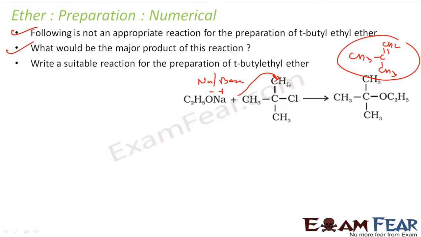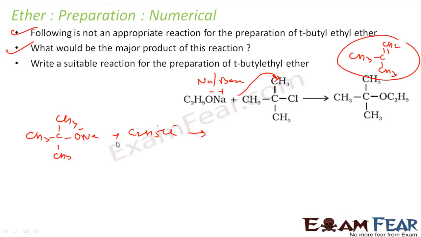For a suitable reaction, you make this primary and this tertiary. So what we can do is just flip this. We can make it CH3, C, CH3, CH3, ONa, and here I can make it C2H5Cl. Now with this, it will be minus here.